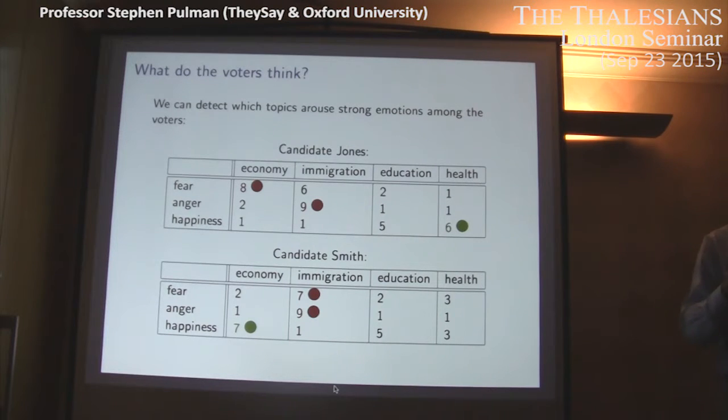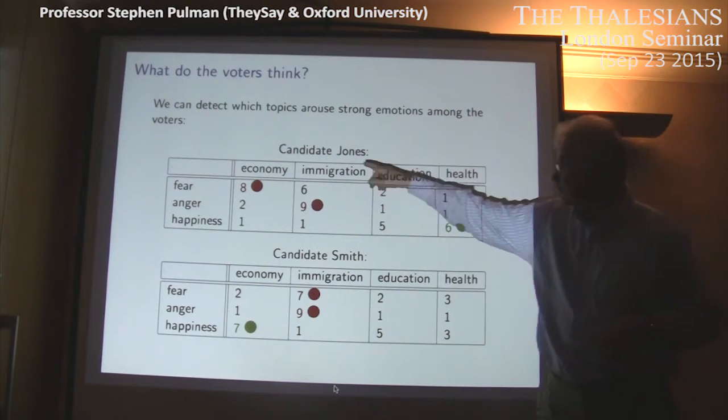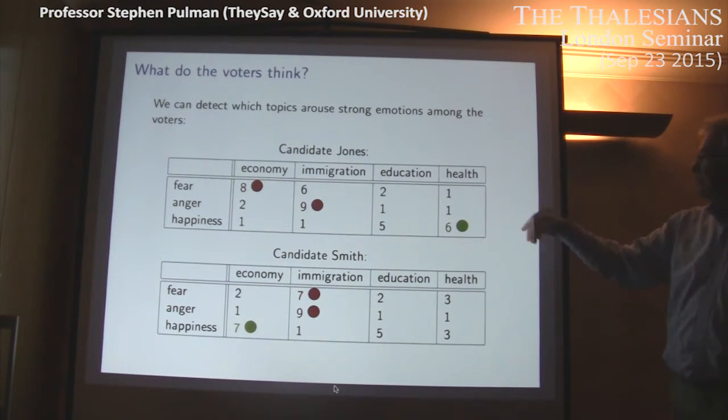You can discover which topics the voters are most worked up about, or most angry about, or happiest about for each candidate, which is very valuable information if you're a party manager, because you can tell your candidate to keep his mouth shut about immigration because it's attracting lots of hostile press, or play up the stuff about the economy, because people seem to really like that.